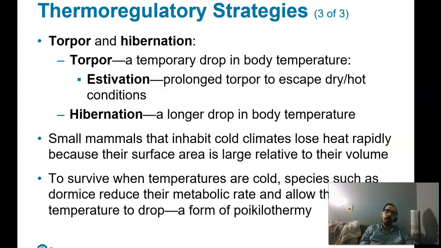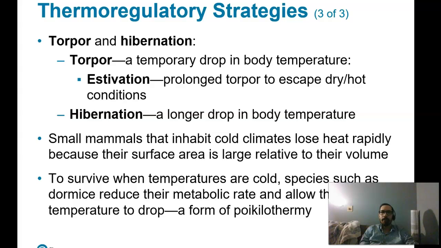Torpor and hibernation are similar. It just depends on how long that drop in body temperature lasts. So torpor would be a temporary drop in body temperature. So you can see this with things like hamsters during the winter time.